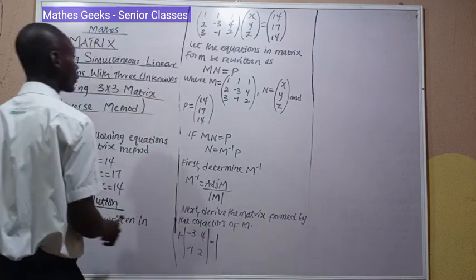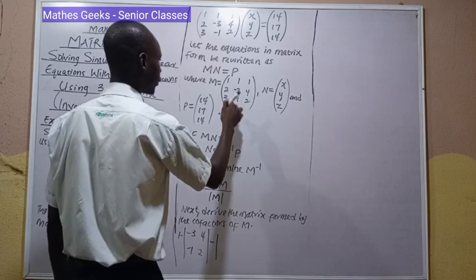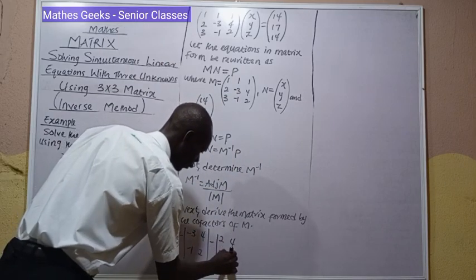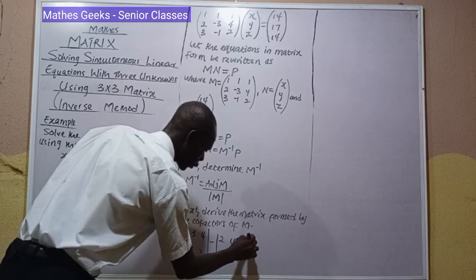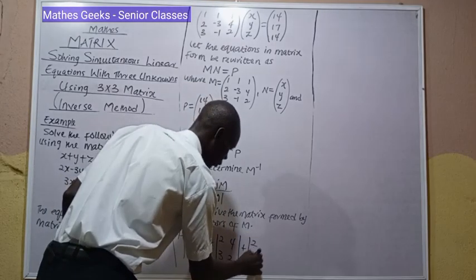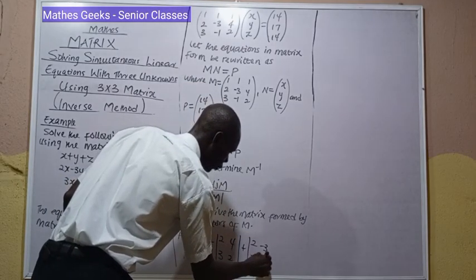Minus, first row, second column, 2, 3, 4, 2. Plus, first row, third column, 2, 3, minus 3, minus 1.